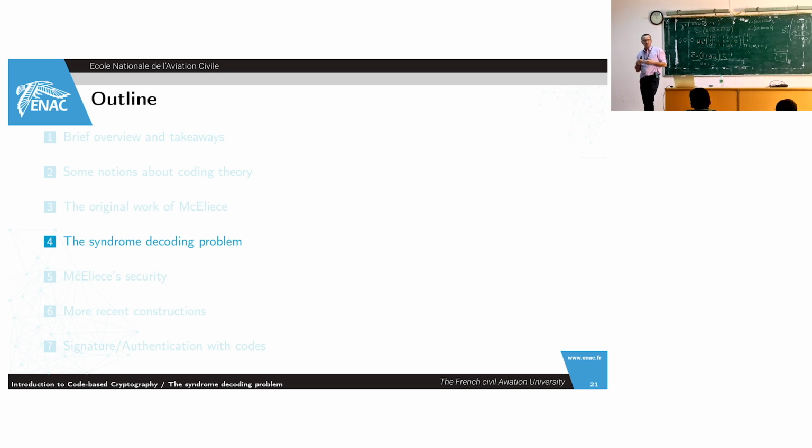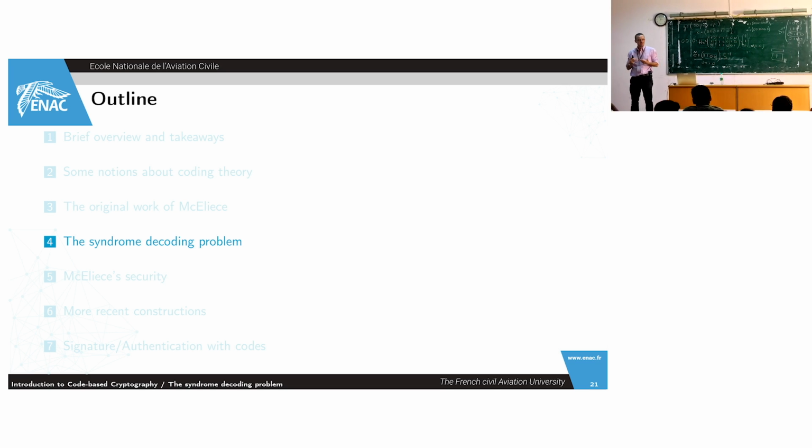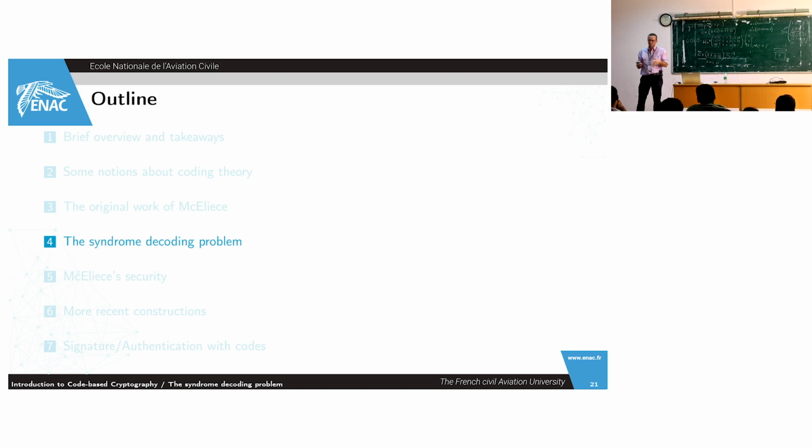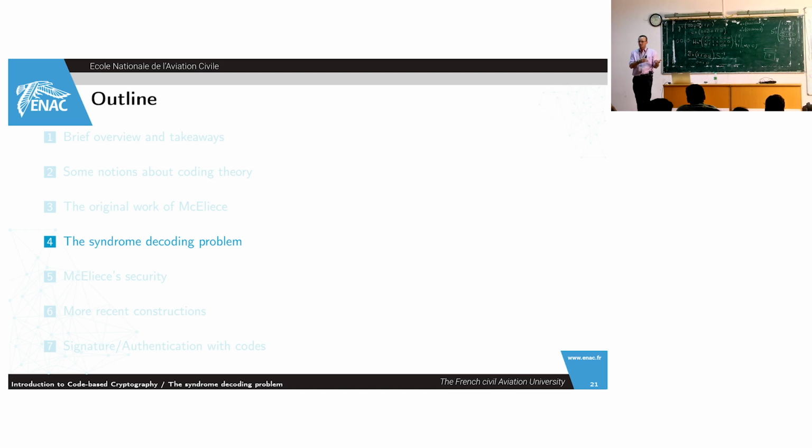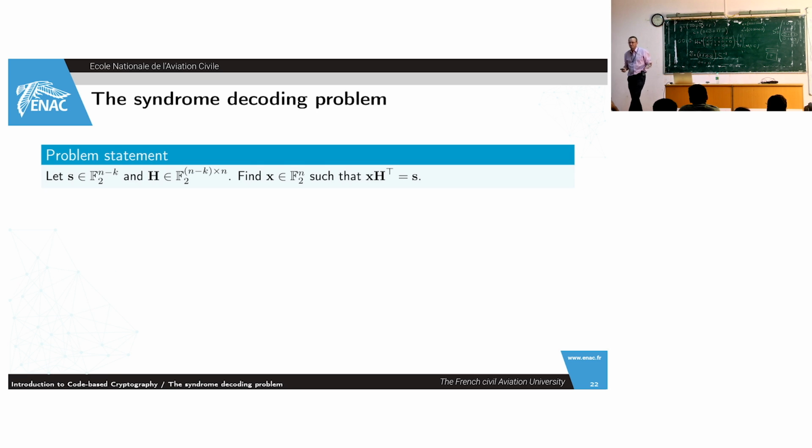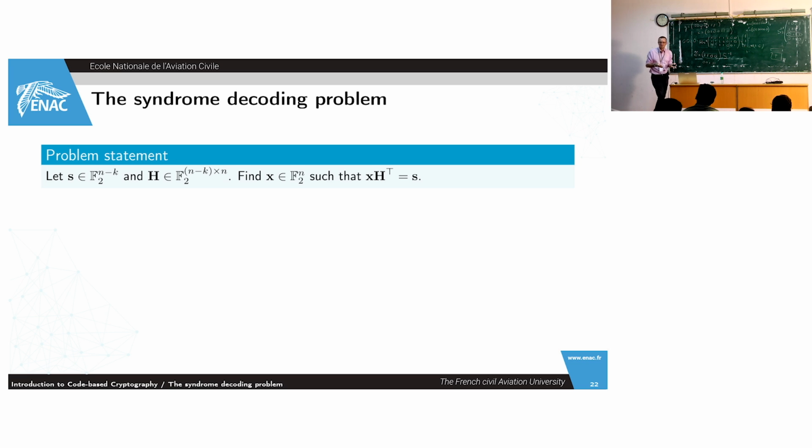Even if the public keys in McEliece are 3 orders of magnitude bigger than RSA's, it is still competitive in terms of efficiency. It might sound like a huge claim, but when you are working with McEliece, you are only doing linear algebra, matrix-vector multiplication in binary. So everything goes super fast.